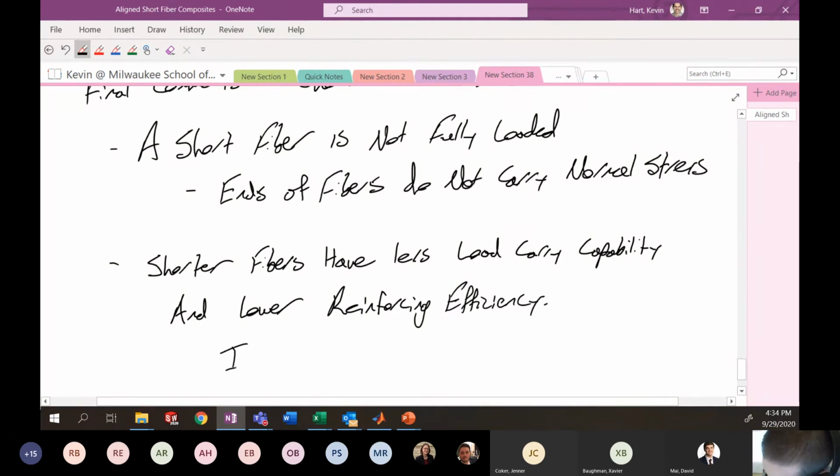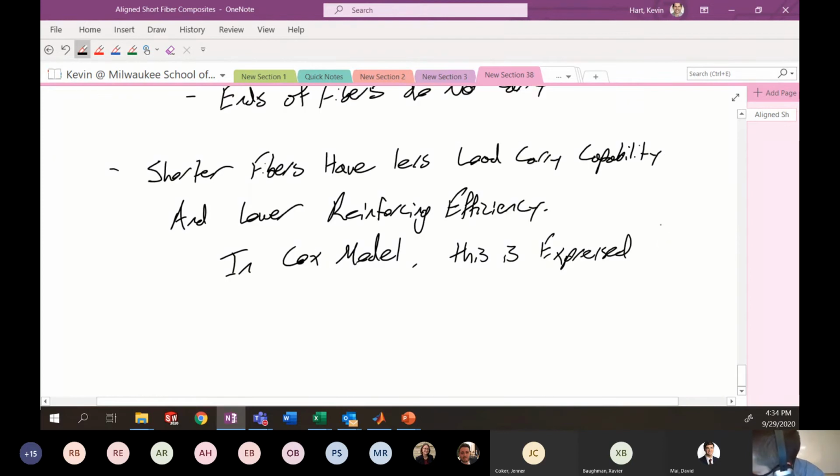In the Cox model, this is expressed in the shear lag term eta L, with that hyperbolic tangent function.